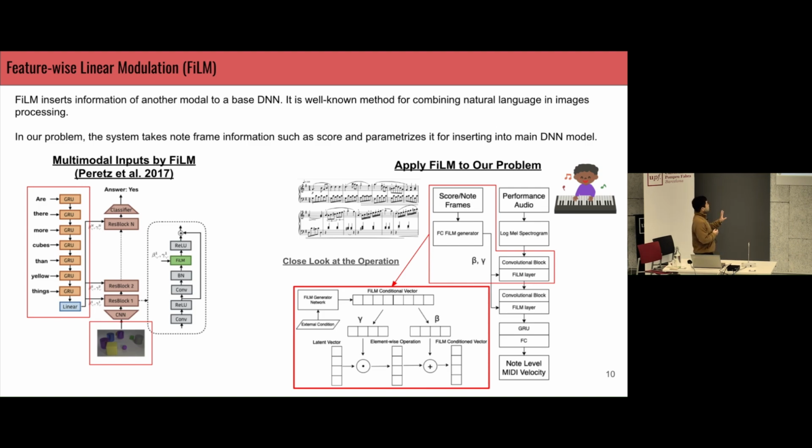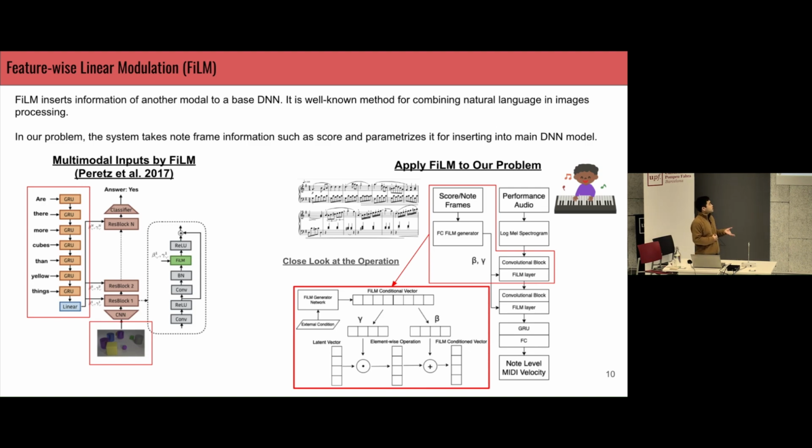FiLM in this research takes natural language as a condition to be inserted into the base DNN network, which is for image processing. Then this condition helps the base network detect the target object in the image. It is a proven fact that this conditioning improves object detection accuracy.